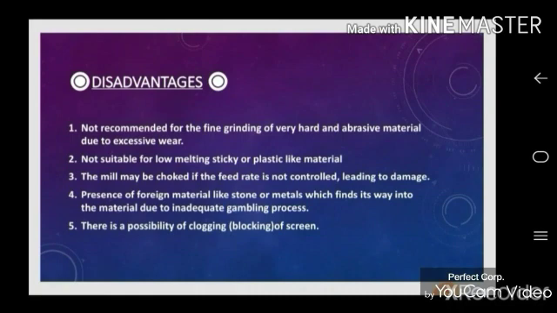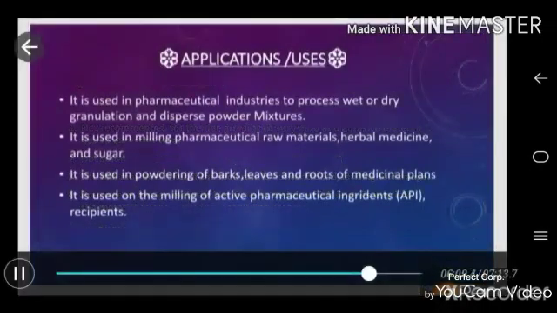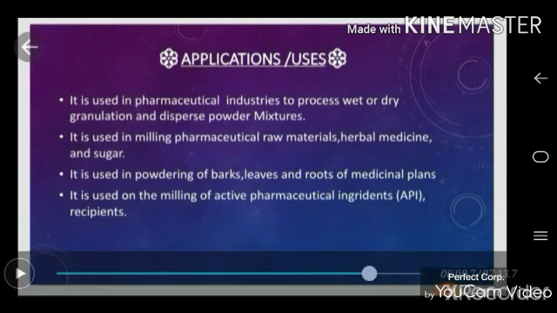So now let's move towards its applications or uses. So here are some applications or uses of the hammer mill. It is used in pharmaceutical industries to process wet or dry granulation and disperse powder mixtures.